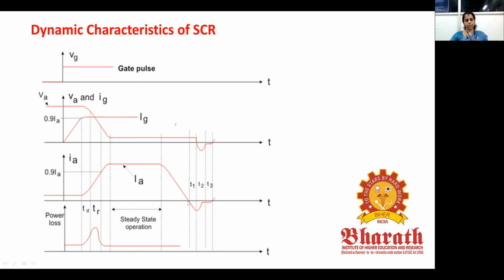It will take some time to discharge the energy. This area explains that there are some charges in it which have to be removed to make it off. And this is nothing but the power loss. Power loss is nothing but the product of voltage and current.